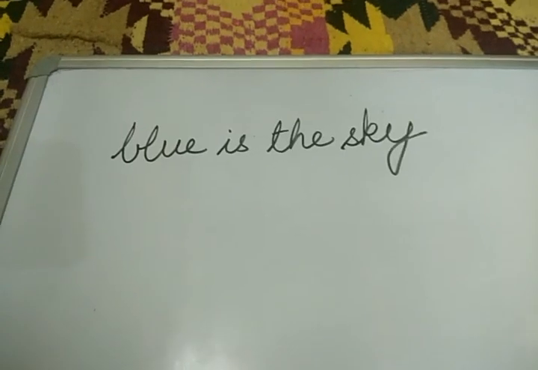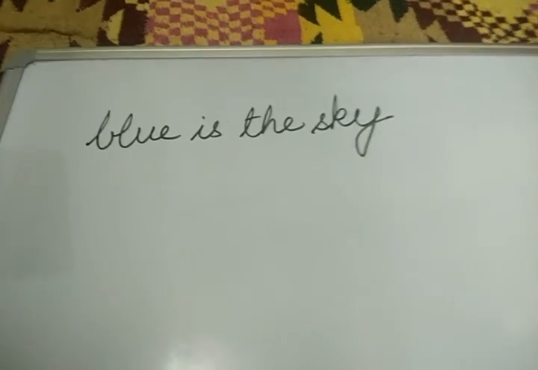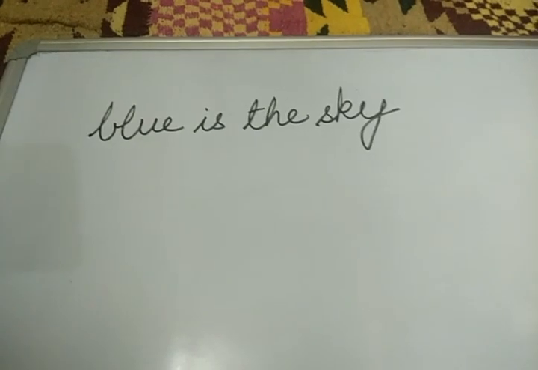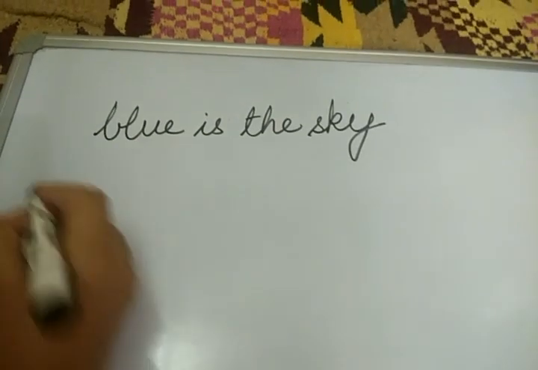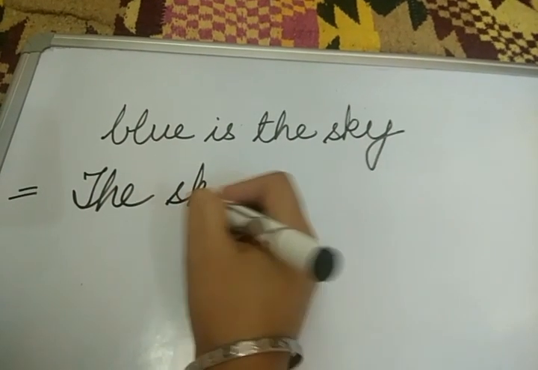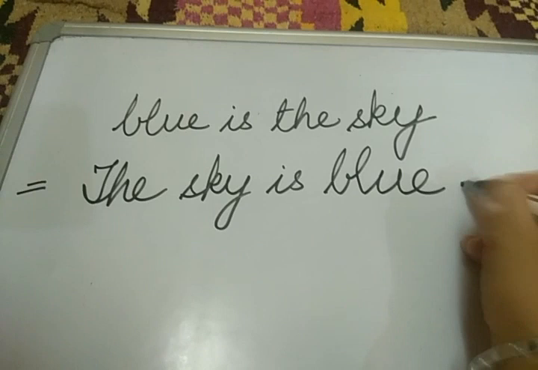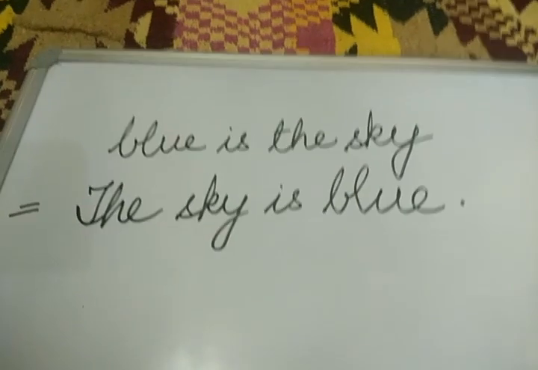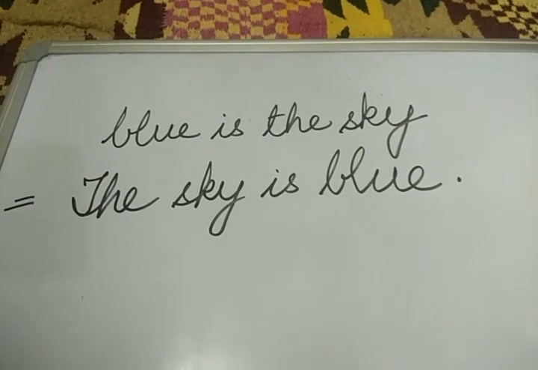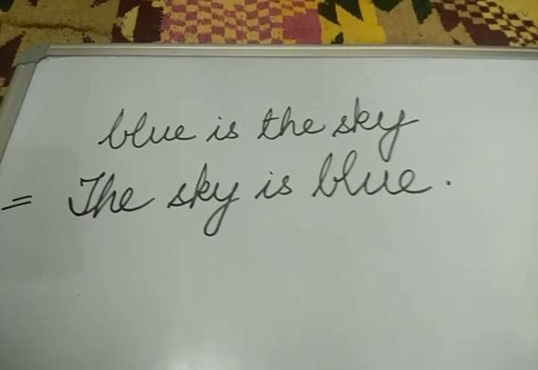Again these words are written in jumbled form and they do not have any meaning. So when we write them in proper order: the sky is blue. Full stop. Now this has a meaning, that the sky is blue in color. So this is called a sentence.